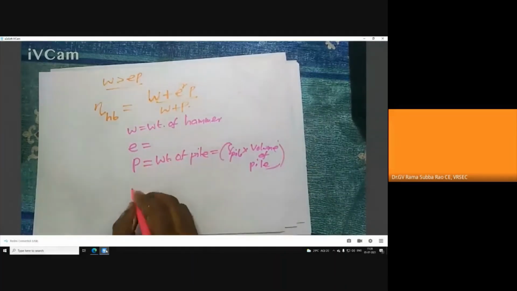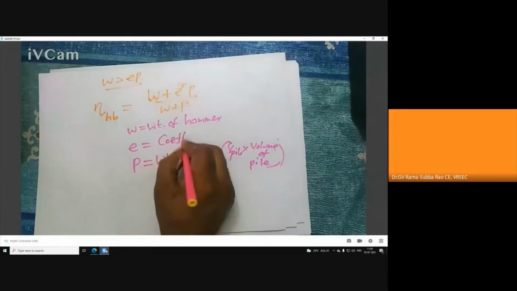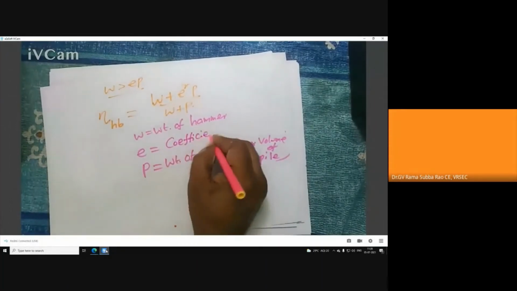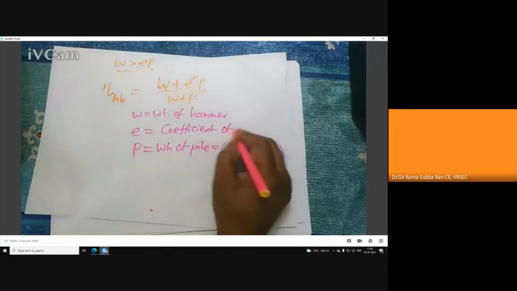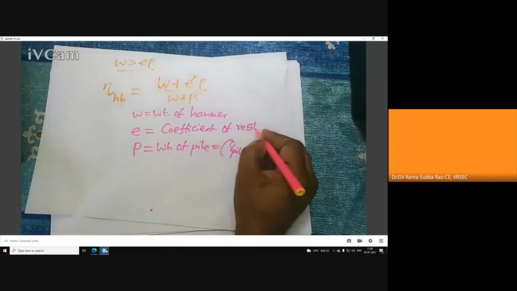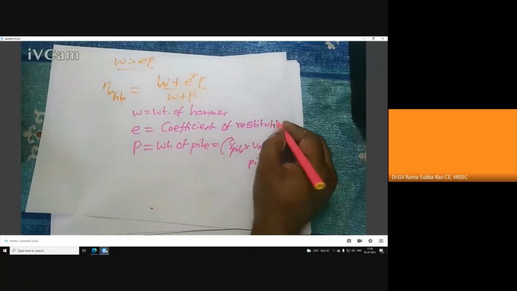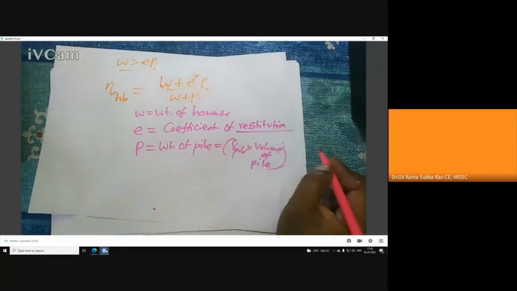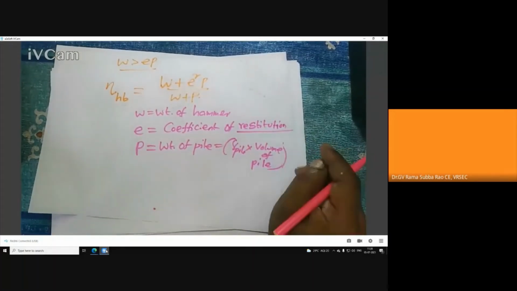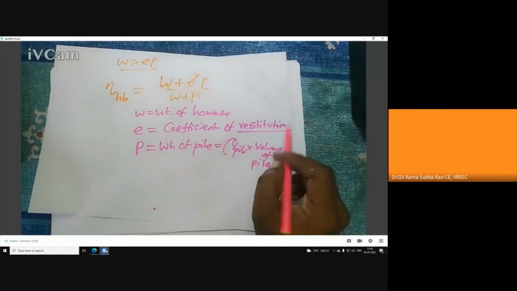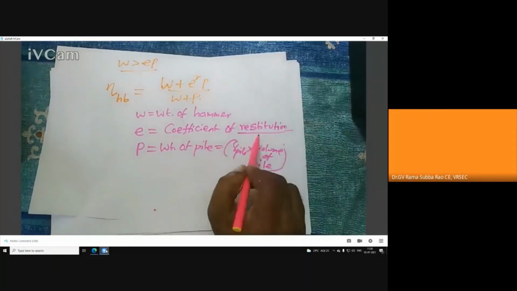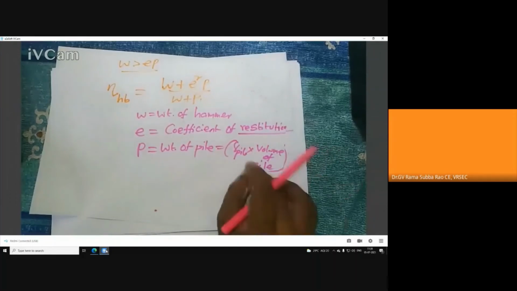Now E is the coefficient of restitution. Sometimes you are very much interested to know what restitution is. Restitution means rebound.